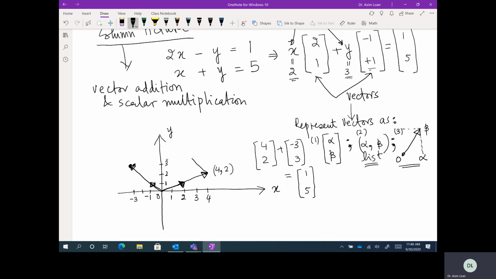So I should get 1 here, 5 here, so somewhere over here. So I should get this resultant. Get rid of this one. No need of this one.